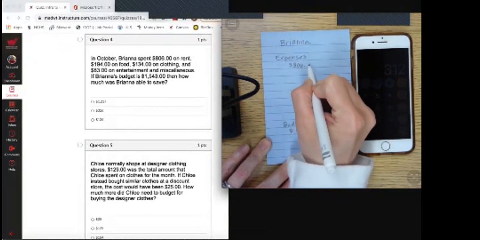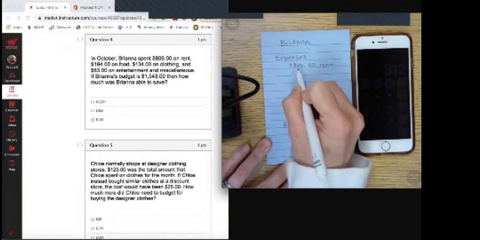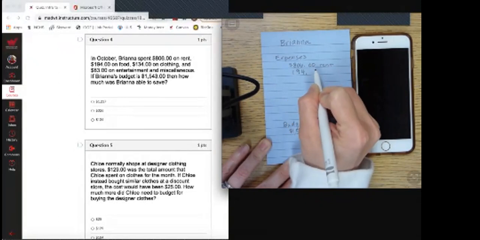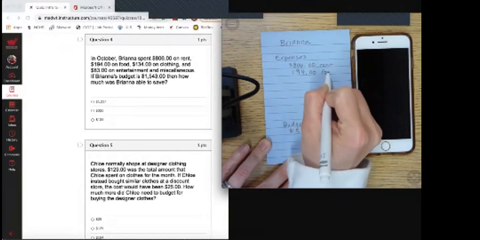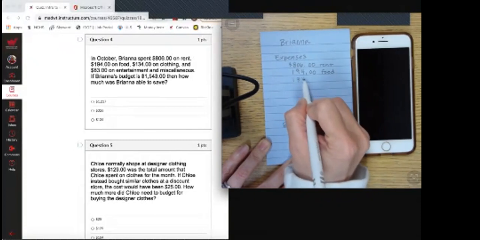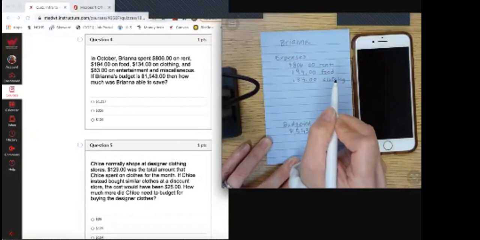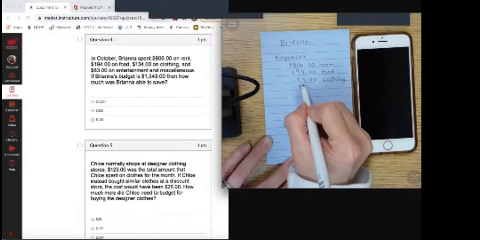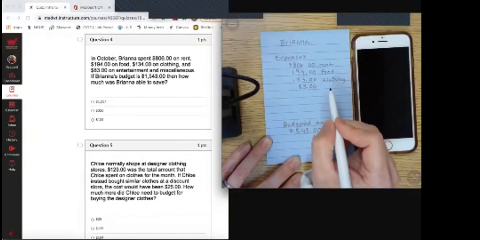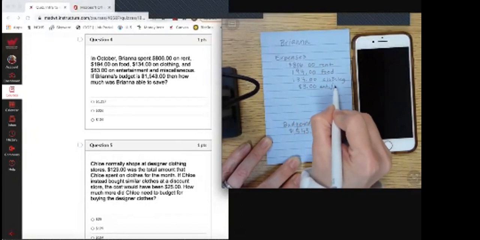Her expenses, so we have 806 on rent, 194 on food, 134 on clothing, and $83 on entertainment and miscellaneous.